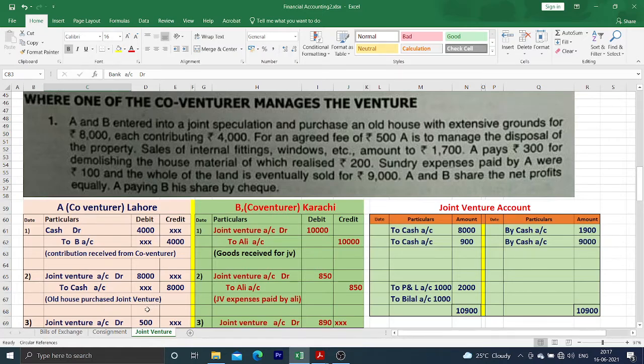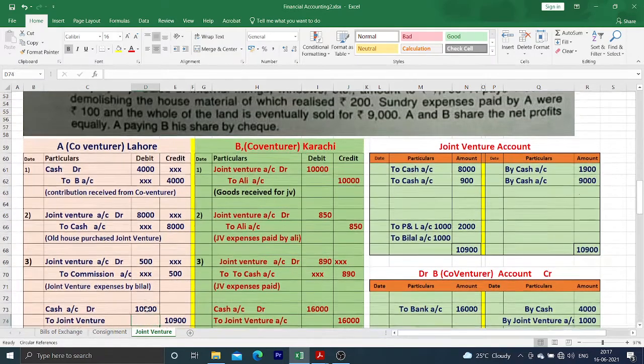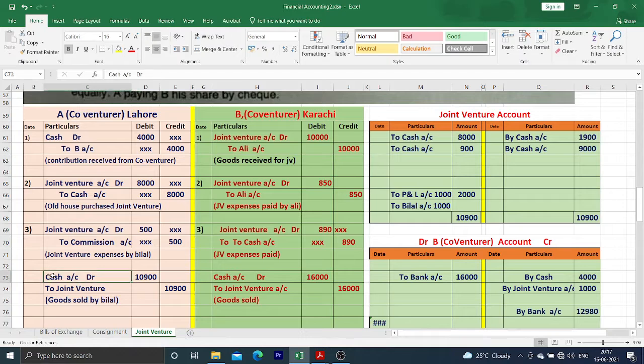Total 400 paid by A. Joint venture to cash. JV expenses paid by A.